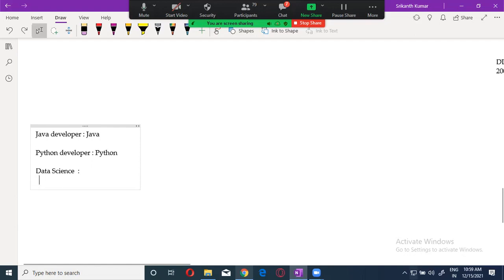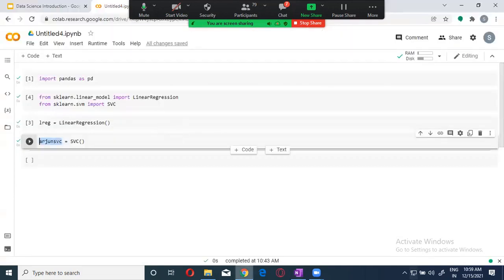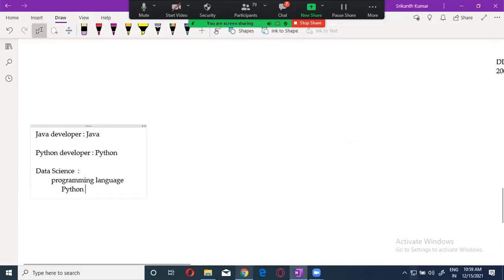Okay. Now let me talk about the programming languages which support data science. The most compatible one is Python. Very much compatible. I showed you very clearly over here. Now the next one is called R. That is powerful in itself, but not as powerful as Python.